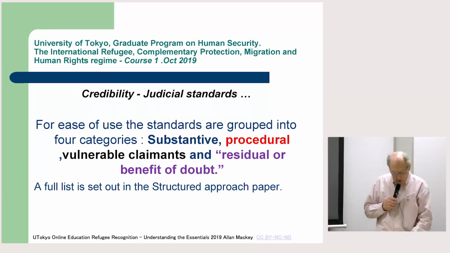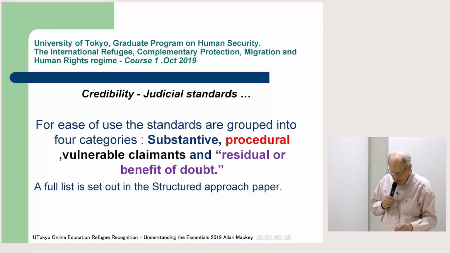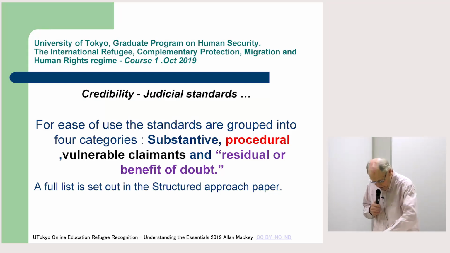Now, there's a full list. If you look in the structured paper, this is what we spent a lot of time pulling together, and under each one, I think if you go to, where is it? Yep.